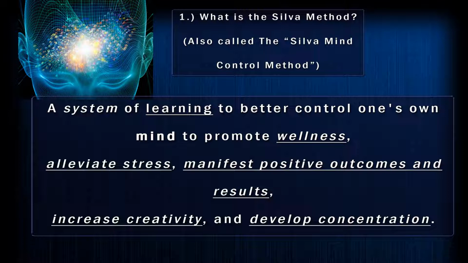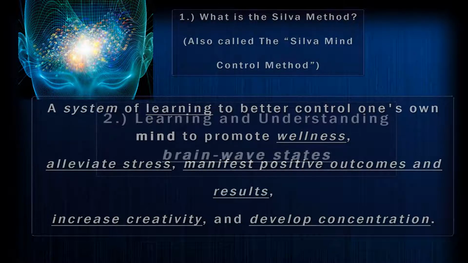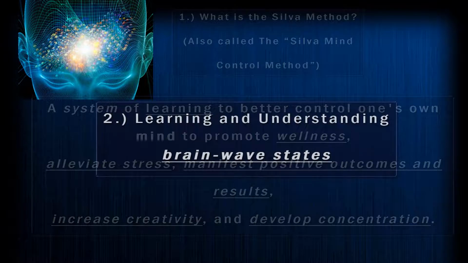It is also a system of learning to increase creativity and memory, and a tool to develop better concentration. If you need to pause on these slides and take notes, go ahead and do that right now. There are a lot of positive benefits when we talk about the Silva method. I'm now moving on to the second part of this presentation.